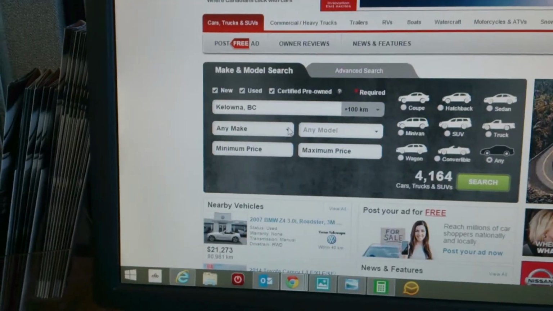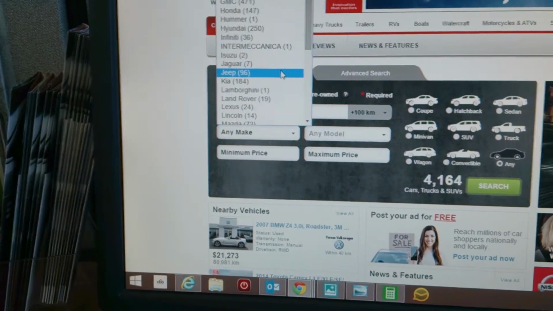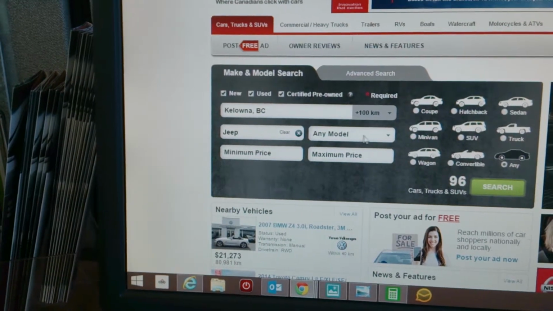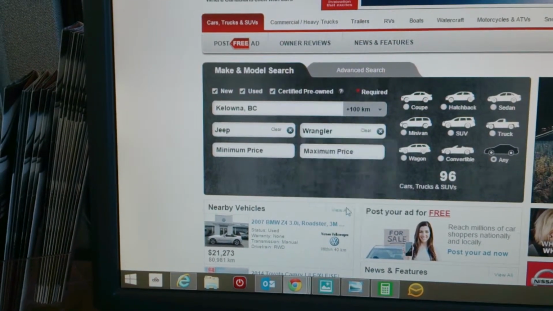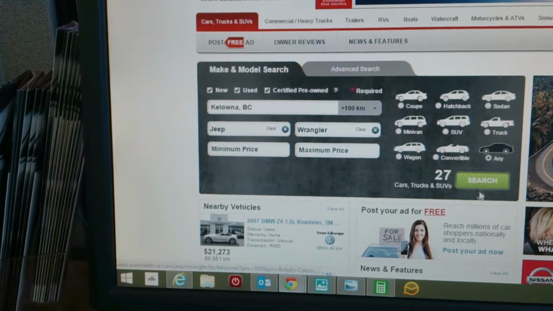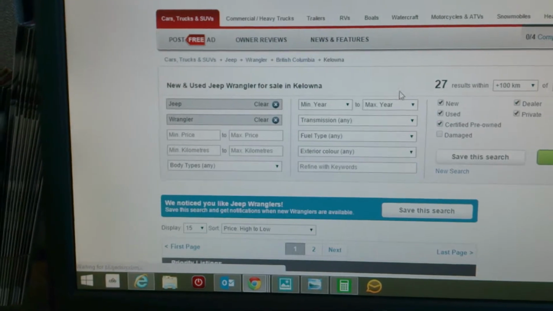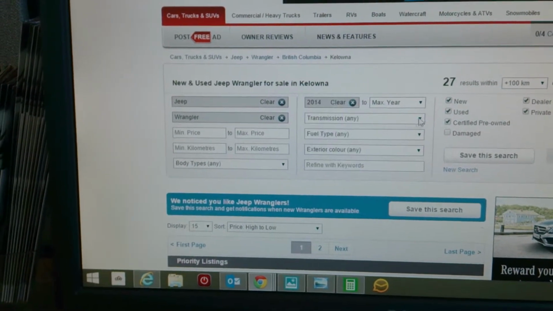Okay, so you check what kind of vehicle you have, and being your Jeep guy, of course I've got a Jeep, which I love. I'm not interested in trading it in right now, but I'm just using this as an example to show you what to expect or how to do it so that you know, hey, is it even worth my time trying to trade out of this car right now?